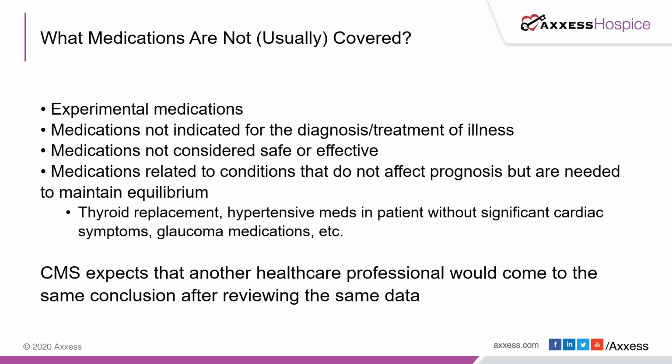So then what medications are not usually covered? Again, usually. So we all know a lot of our hospice patients who are on supplements, they'll come to us on the multivitamin, the calcium, the iron, the 6 different supplements that are probably not effective at the end of life, but the families have an attachment to this medication giving some benefit.